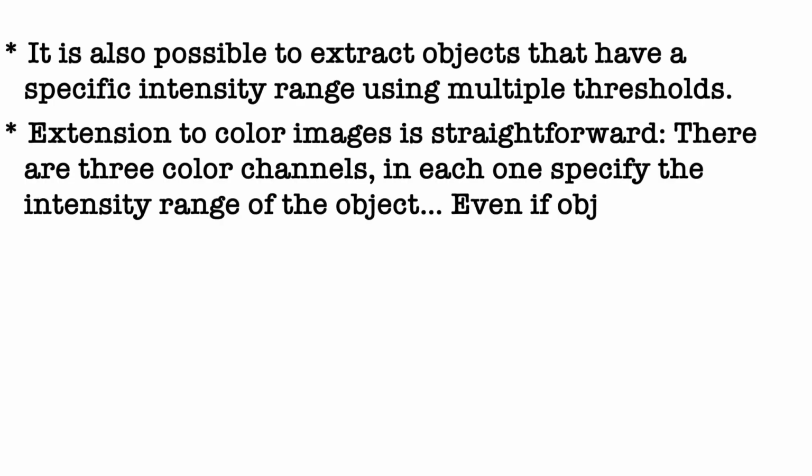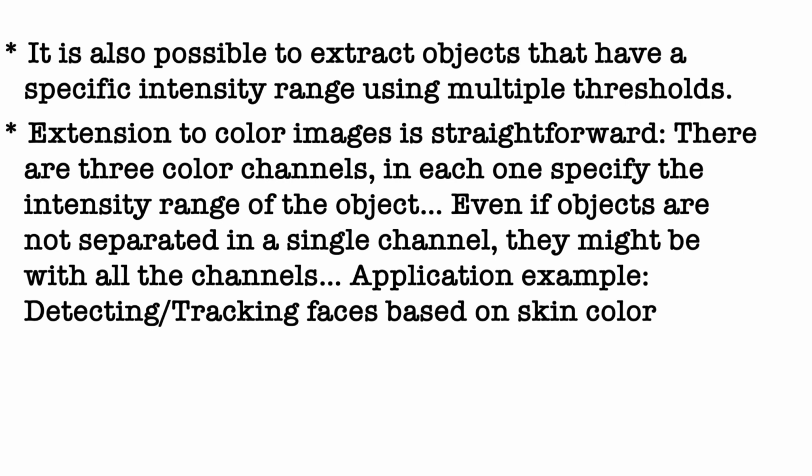It is also possible to extract objects that have a specific intensity range using multiple thresholds. Extension to color images is straightforward: there are three color channels, and in each one you specify the intensity range of the object. Even if the objects are not separated in a single channel, they might be with all the channels.